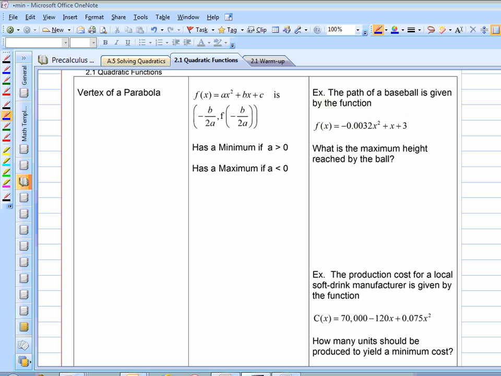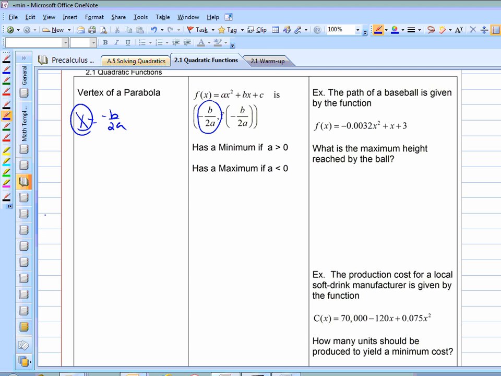Next, I want to talk a little bit about applying this information. Notice again we have our general form ax squared plus bx plus c. And another way that we can find a vertex, something you're familiar with, is that whole x equals -b over 2a. So that's our x value. That's why it's here in the ordered pair.